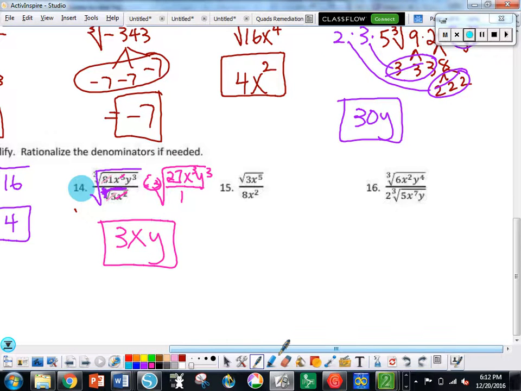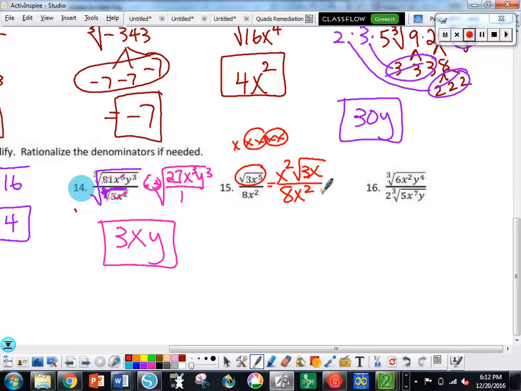Number 15. This one looks a little tricky, and it confuses a lot of people simply because the denominator doesn't have a radical. So how do you simplify it? This still has a radical though, so you might as well break up the numerator. You have 5 x's, 2 groups come out, square root, 1 group stays in, and then you have 8x squared on the bottom still.